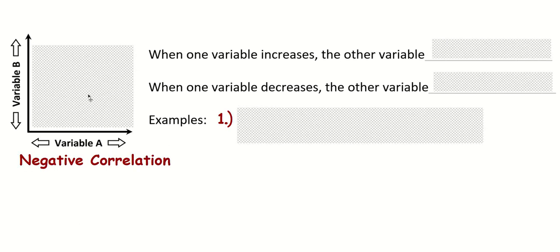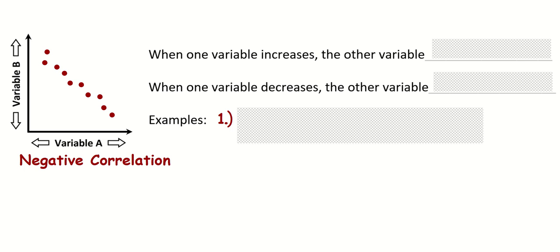We also have a negative correlation. And you might already have some experience and might have been expecting this: when your dots make a line, and again, you could have other points randomly over in this corner or up in this corner, but as long as most of the points are making this downhill line, you can say that there's a negative correlation between variable A and variable B. Now, with a negative correlation, when one variable increases, let's say as variable A increases, the other variable is actually decreasing.